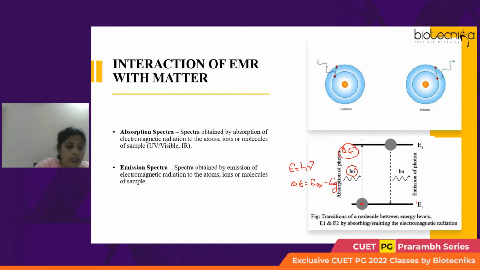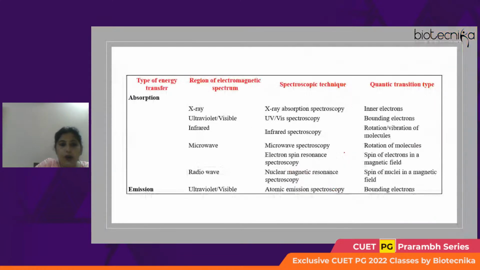So here I have a table for you all again. You can see these are the different electromagnetic radiations that can be used to study absorption spectra. Based on what radiation you are using, the spectroscopic technique is named accordingly. And you will use a particular radiation depending upon what you are studying.